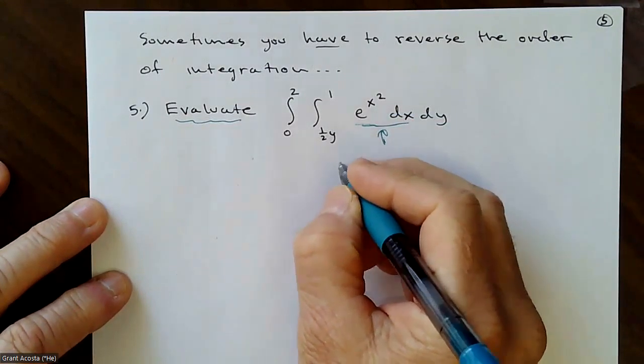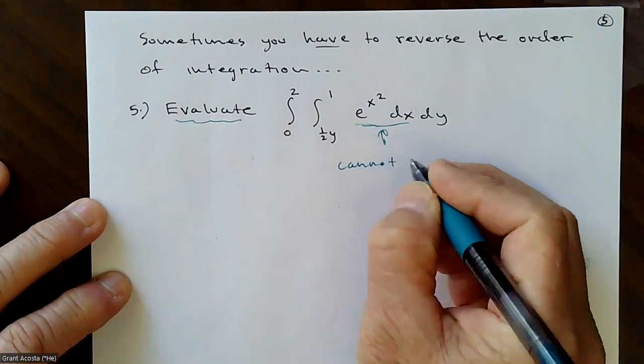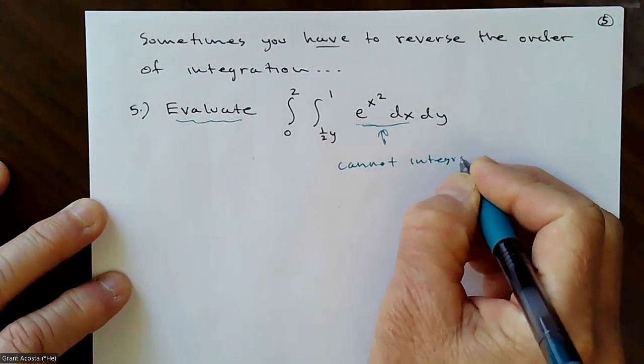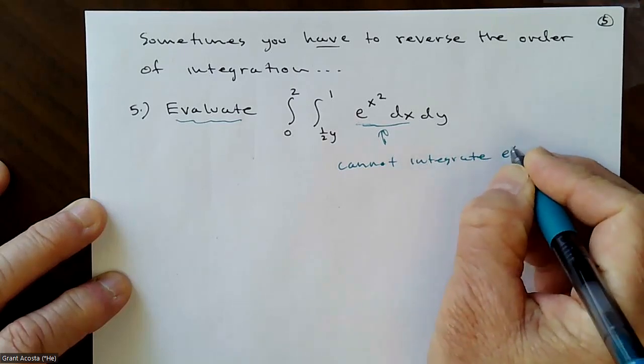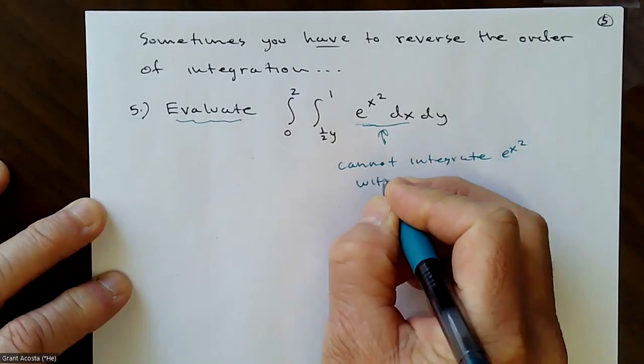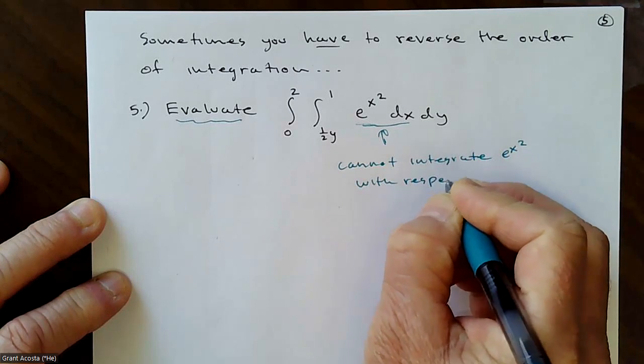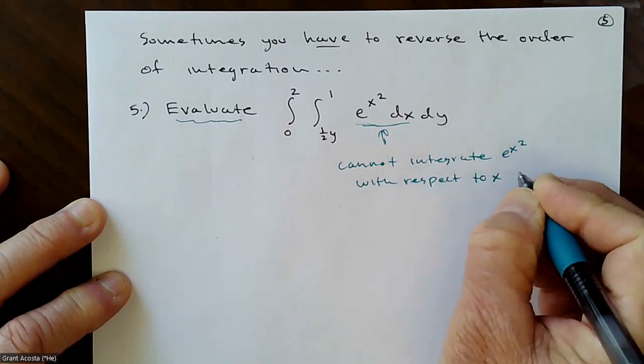This particular integral, you cannot integrate e to the x squared with respect to x.